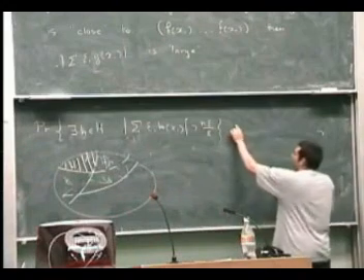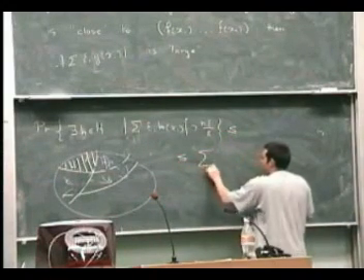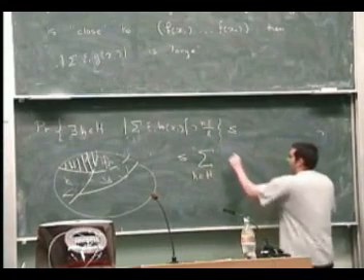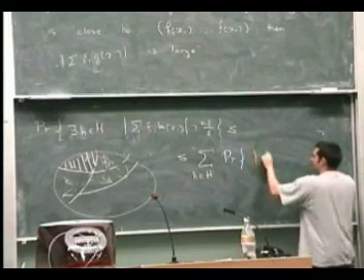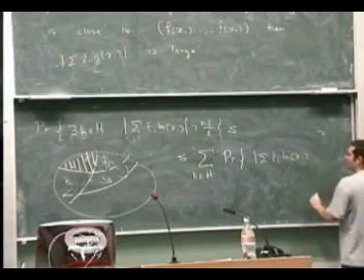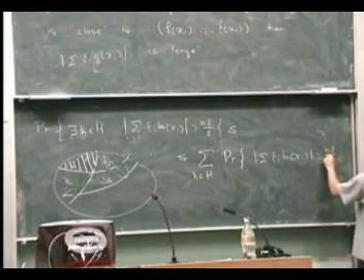So what I can say is that this is less or equal than the sum over H in the class of the probability that some sum of epsilon_i h(x_i) is greater or equal than epsilon over 8.